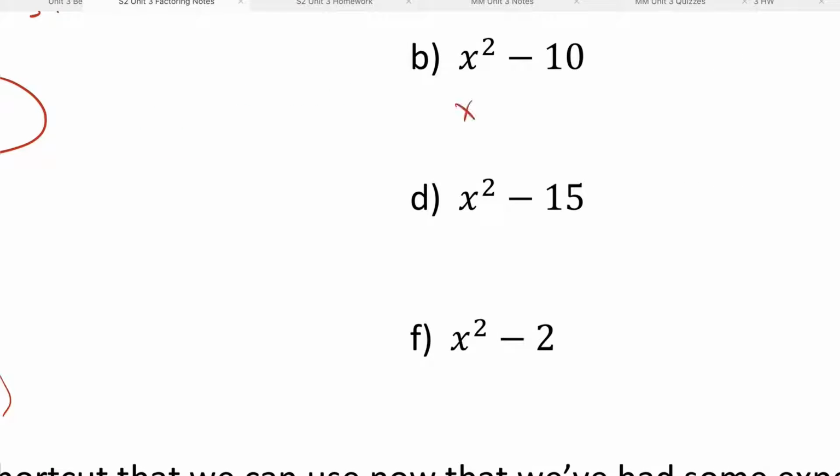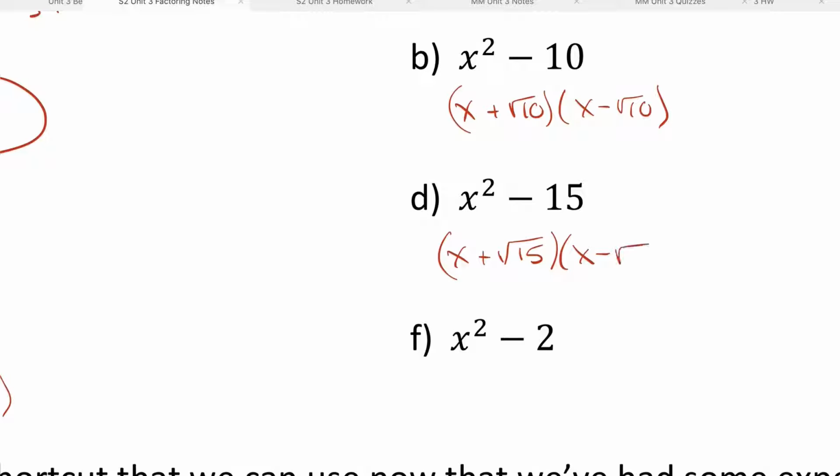B, same thing, x plus the square root of 10 and x minus the square root of 10. x plus the square root of 15 and x minus the square root of 15. x plus the square root of 2 and x minus the square root of 2.